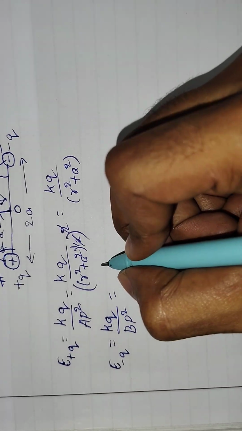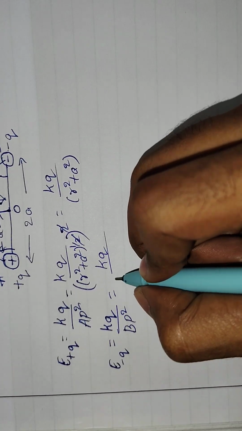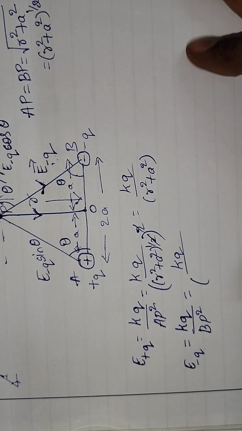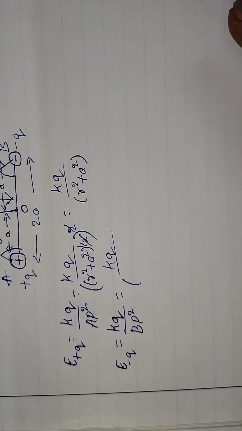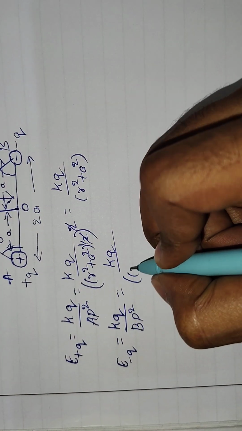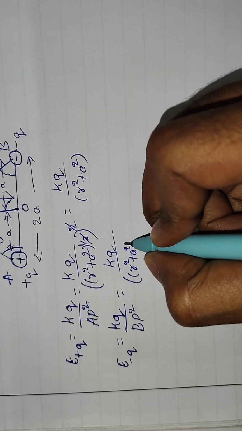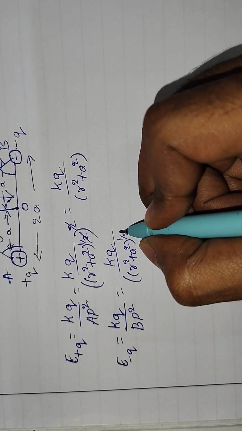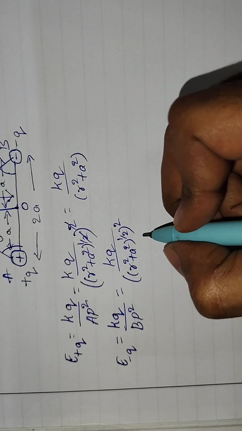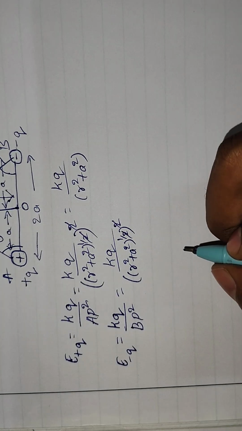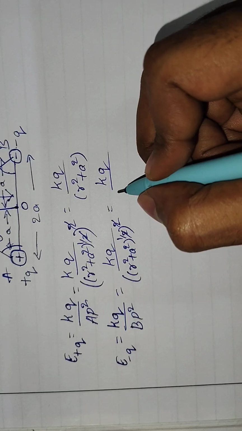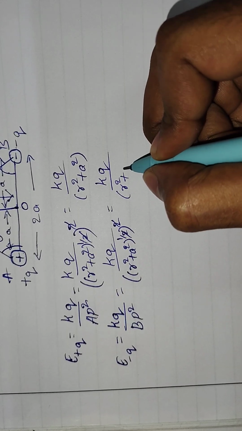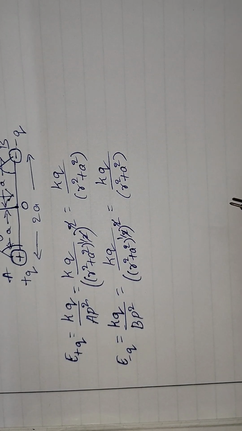Okay, so if you simplify, I have already shown you that AP is equal to BP is equal to root r square plus a square. So it is root r square plus a square whole power 1 by 2 whole square. Okay, so now here square and square root will get cancelled. Ultimately you will have kq by r square plus a square.